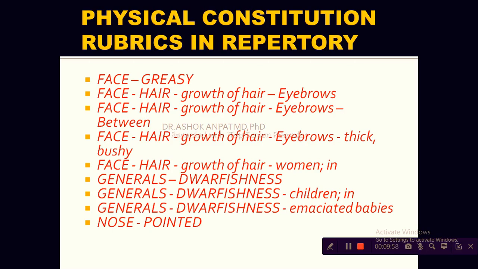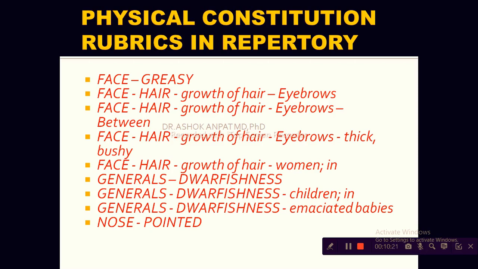The next rubrics are generals, dwarfishness. We already discussed this in the previous lecture also. Generals, dwarfishness, children, emaciated babies. The next rubric is nose pointed. If a nose is very pointed, and if a nose is knobby, the remedies are different for knobby nose and for excessively pointed nose.